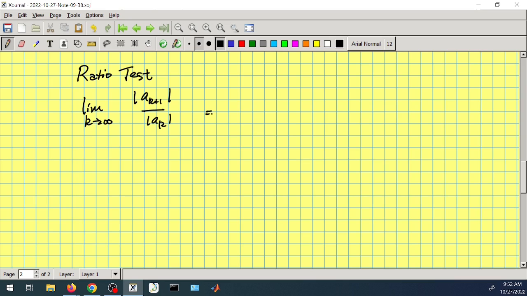All right, so we have the limit as k gets large without bound of the absolute value of x to the k plus 1 over k plus 1 factorial, divided by the absolute value of x to the k over k factorial. Now, when you divide one fraction by another fraction, you invert and multiply.